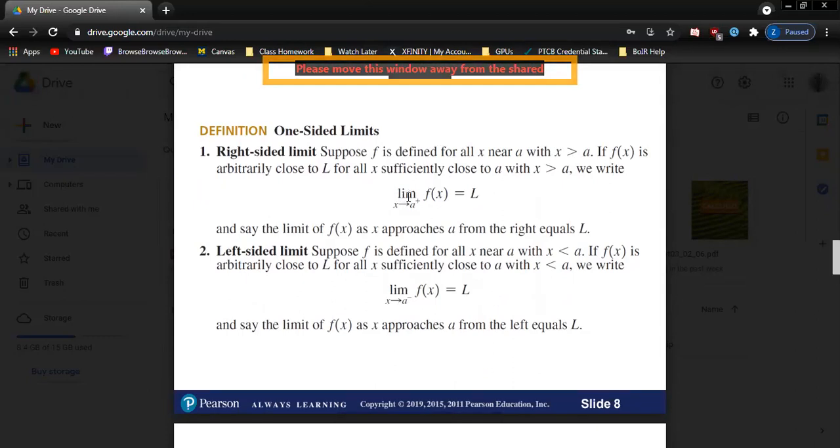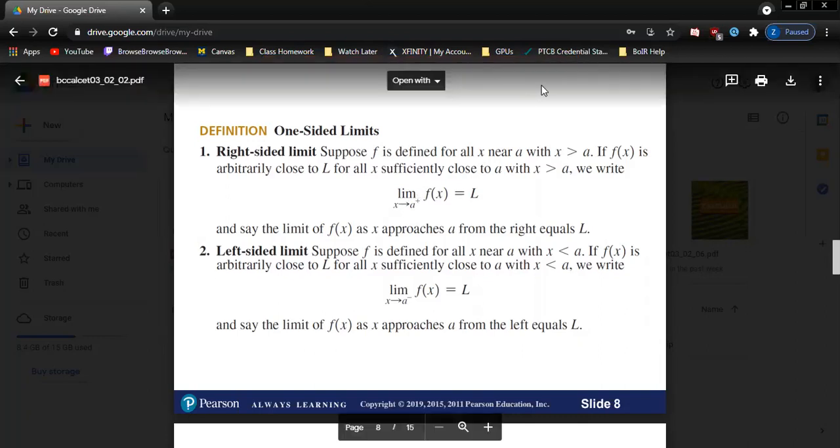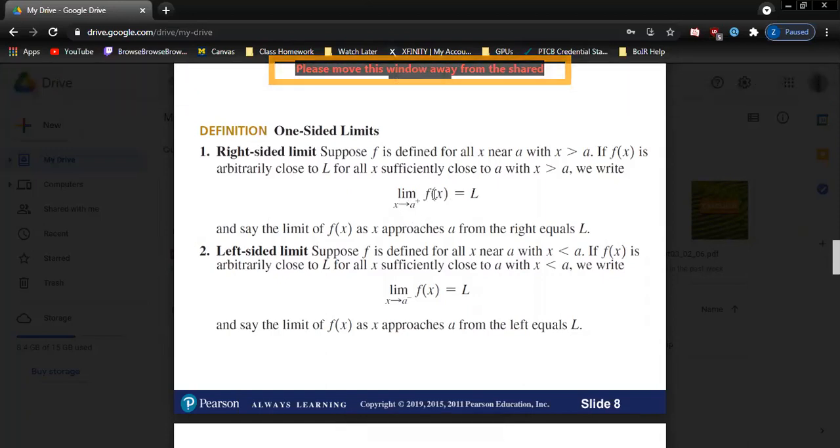Here you can see limit x tends to a plus. On our problem, we had x tends to 2, so we'll say limit x tends to 2 plus. That means we are moving from the right, and if you're approaching 2 from the right, your function f of x was approaching towards 3, right?